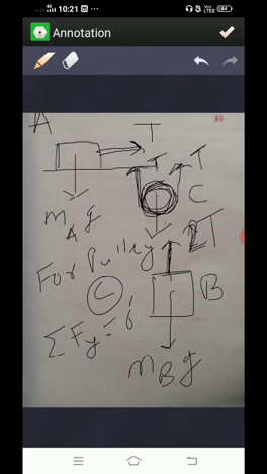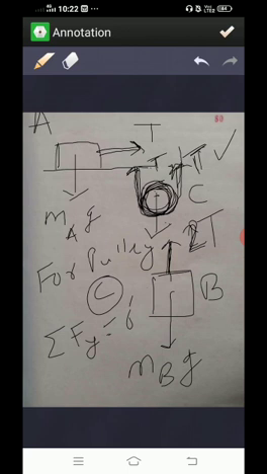Again, when that string passes over pulley C and comes to this side, the tension in the string on this side is also T. But this pulley is movable, meaning its center of gravity is not at a point.